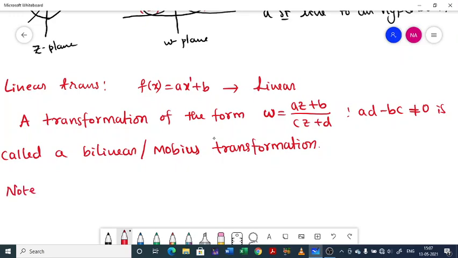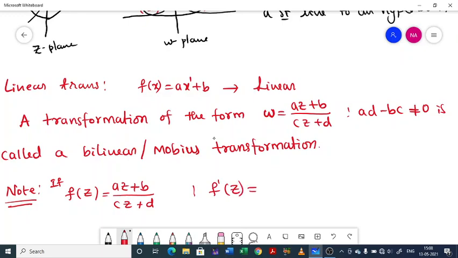Note, if f of z is taken as az plus b divided by cz plus d, then for any point z0, the derivative, that is f dash of z, will be ad minus bc divided by cz plus d whole square. With the simplifications you get this. Now since we choose a, b, c, d constants such that ad minus bc is not equal to 0, definitely this will be non-zero for any z.